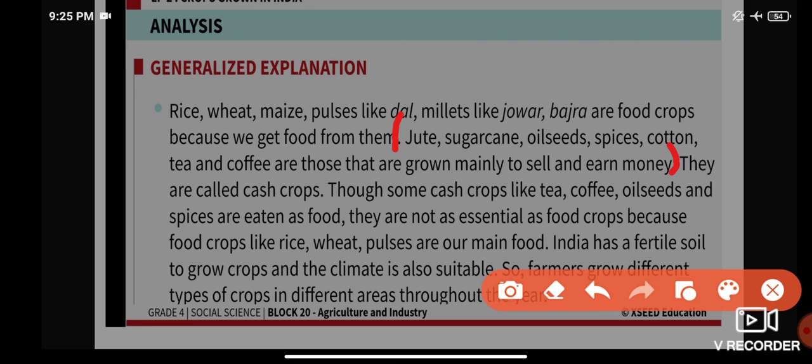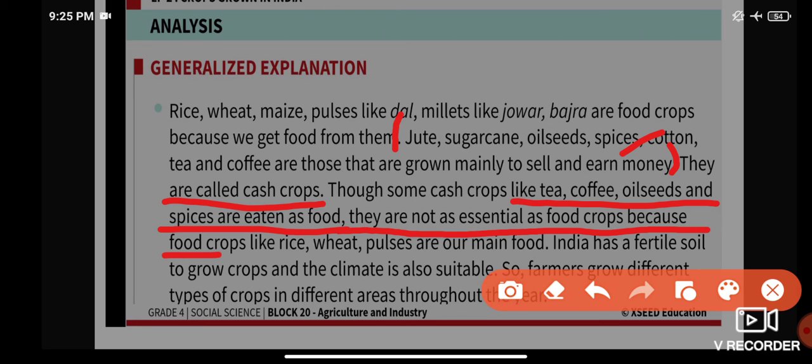So they are called cash crops. Though some cash crops like tea, coffee, oilseeds, and spices are eaten as food, they are not as essential as food crops, because food crops like rice, wheat, and pulses are our main food.